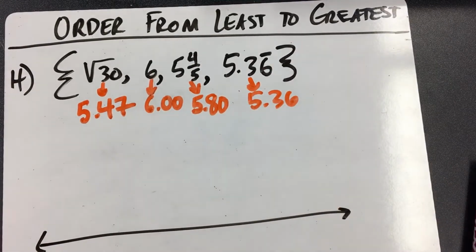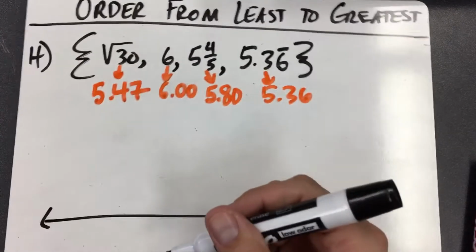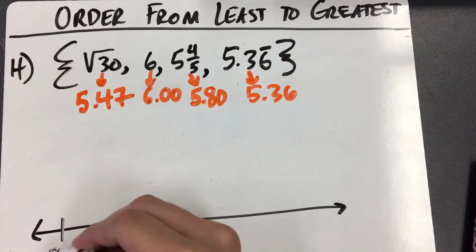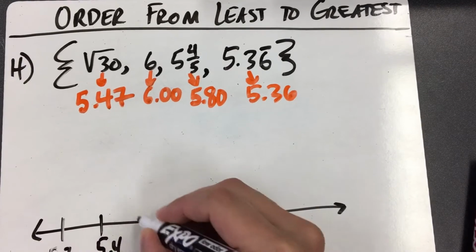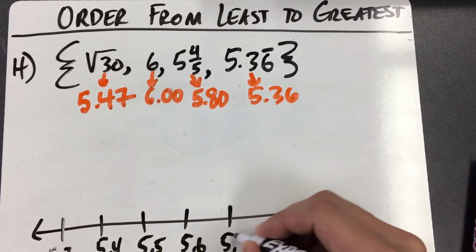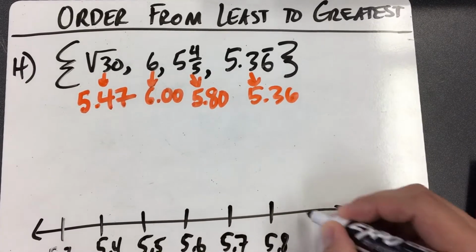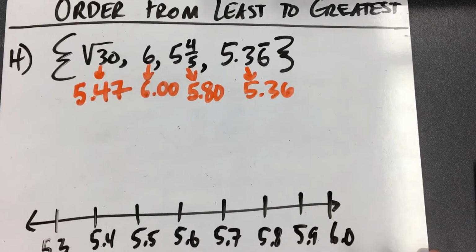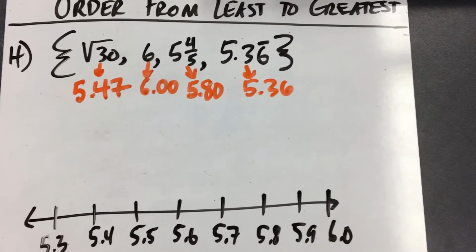It's a lot easier to tell which one is least to greatest now, right? If you had to put this on a number line, let's just say 5.3, 5.4, 5.5, 5.6, 5.7, 5.8, 5.9, and then 6.0. We could put all these on there. That wouldn't be too hard. It's pretty easy to tell the list, right?